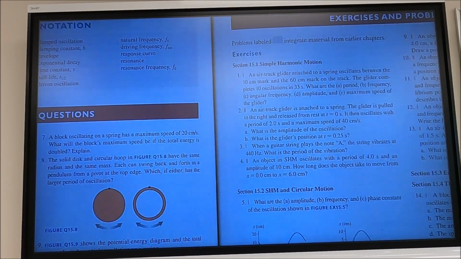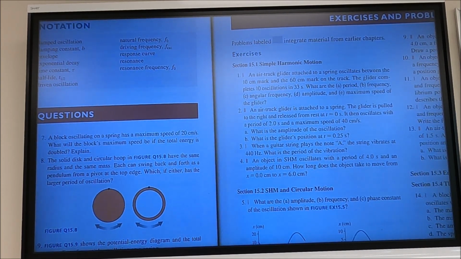Okay, if we look at problem 1, it says an air track glider attached to a spring oscillates between the 10 centimeter mark and the 60 centimeter mark on the track. So 60 minus 10, that's 50. 50 divided by 2 is 25.